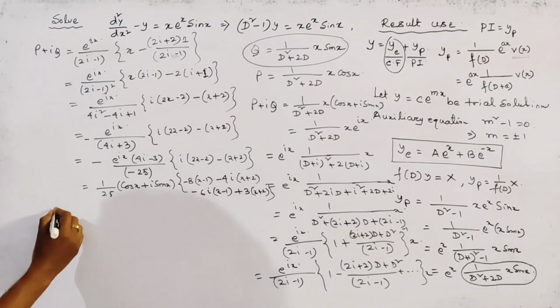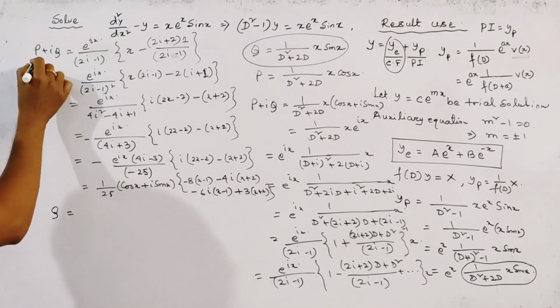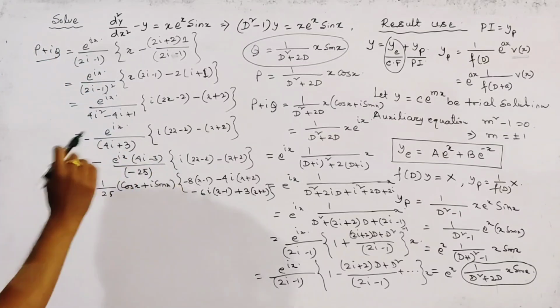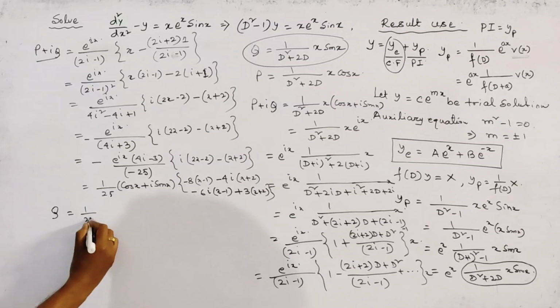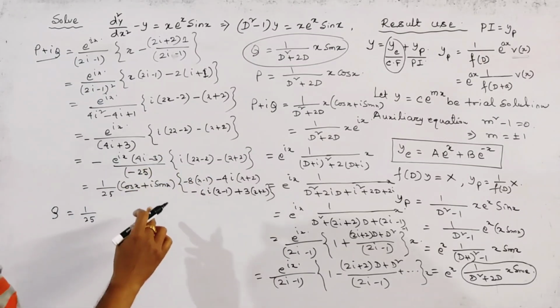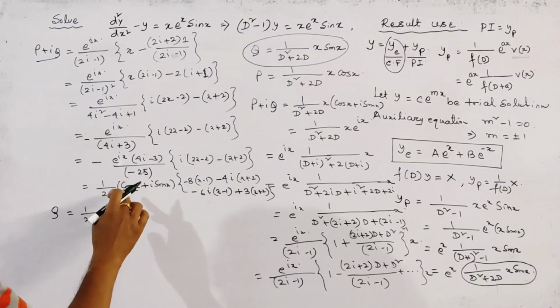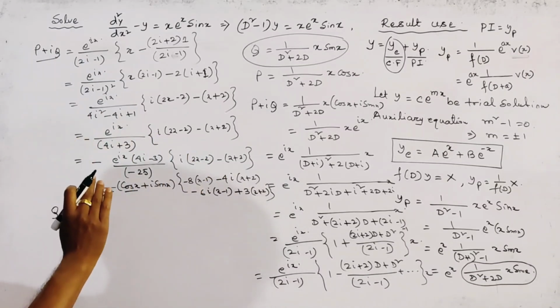Now we write the value of q, that is the imaginary part of p plus iq, that is the imaginary part of this side, and we get imaginary part as 1 by 25. If we multiply cos x with the real part, then we get real part, and if we multiply cos x with the imaginary part, then we get the imaginary part.